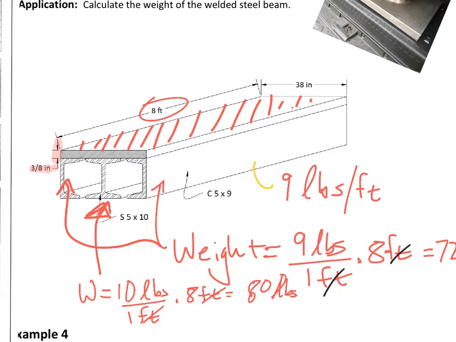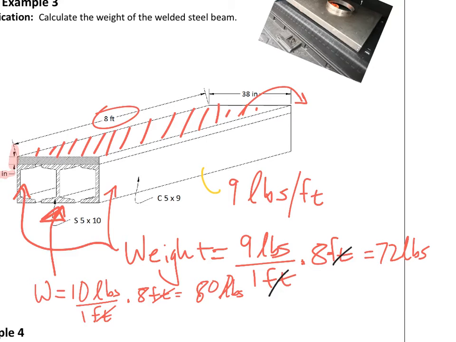Now we got to watch out because we want it in pounds per square foot. So this is 38 inches. Well, how many feet is that? If I take 38 and divide it by 12, it's not quite 4 feet. It's a little over 3 feet. So let's just leave it as 38/12.